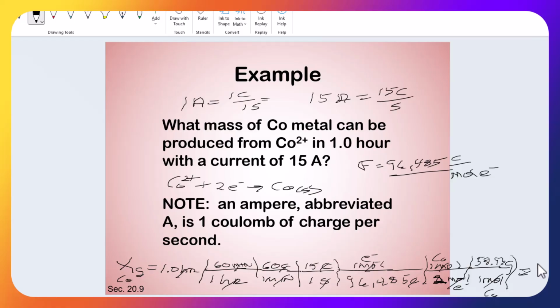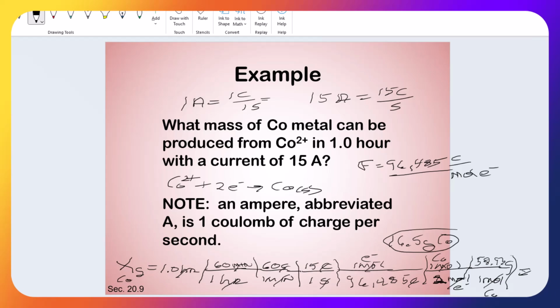And I get, looks like, 16.5 grams. So 16.5 grams of cobalt from running this electrolysis for 1 hour at 15 amps, which is 15 coulombs per second.